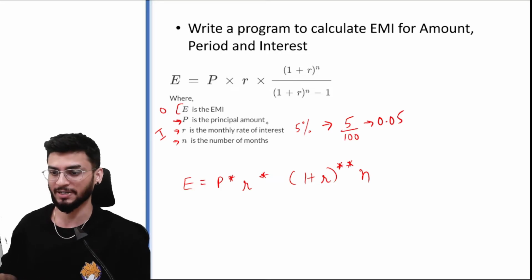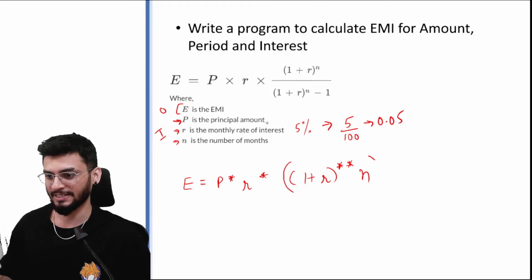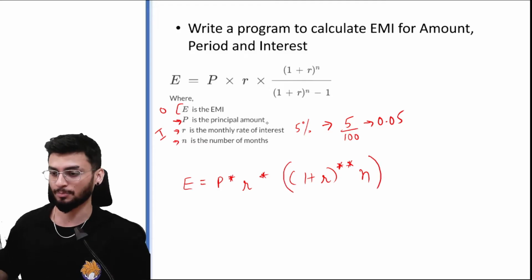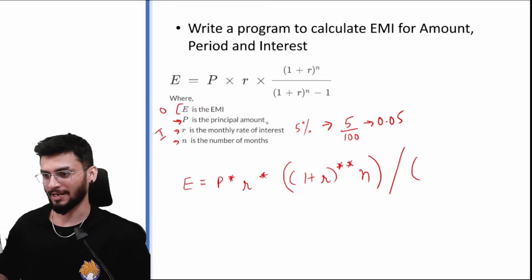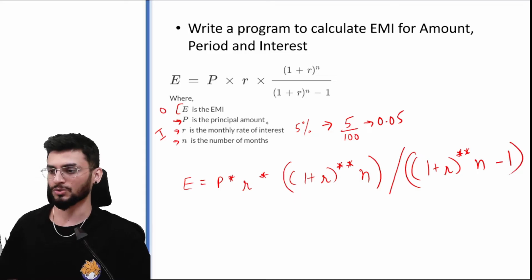Okay, so this is the numerator, but we also have a denominator for this entire thing. So we take this inside the brackets and divide by again the denominator, exponent, which is raised to n, and minus 1. So this is a format which Python can actually understand.